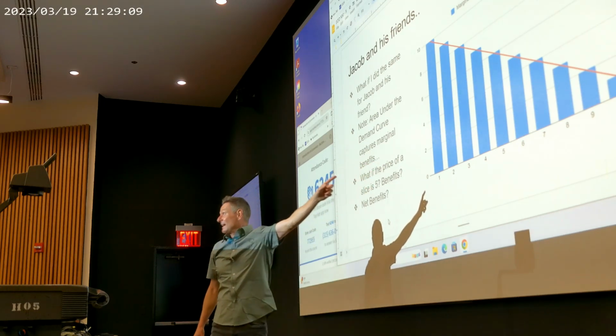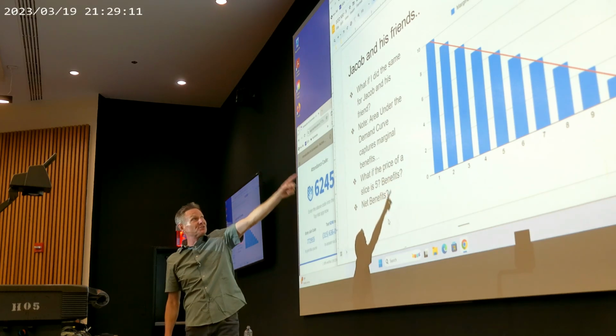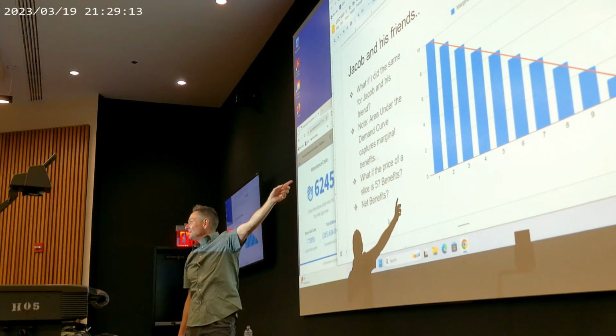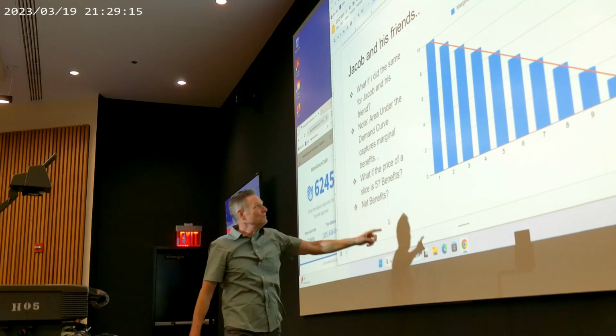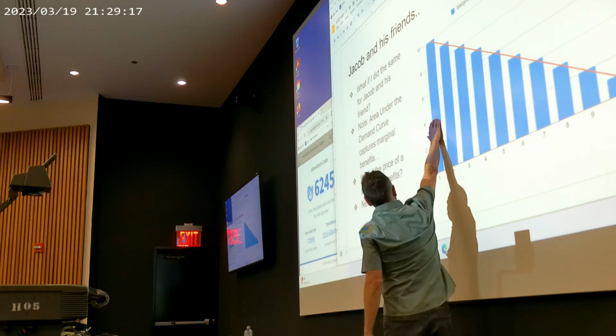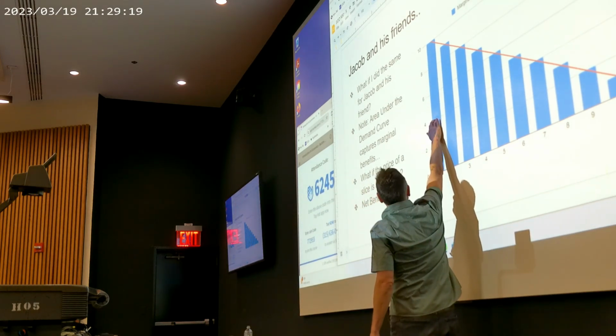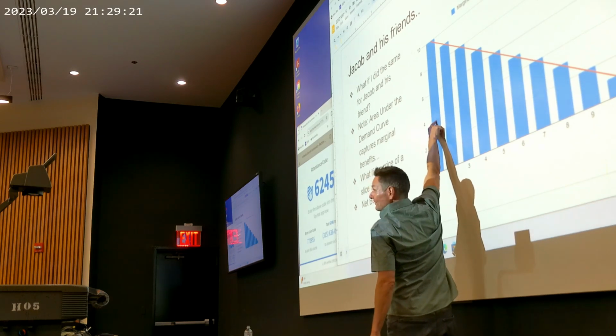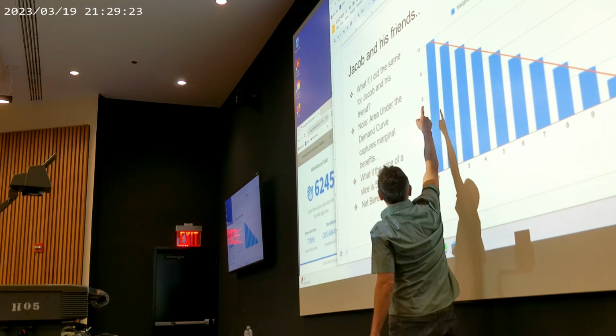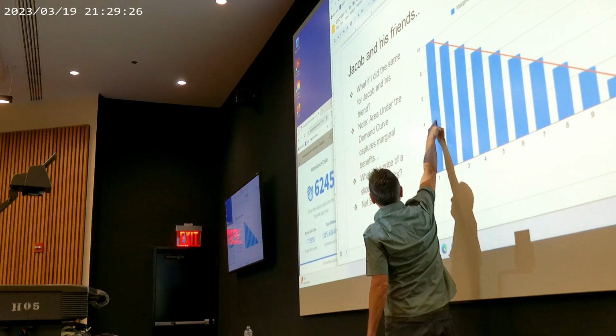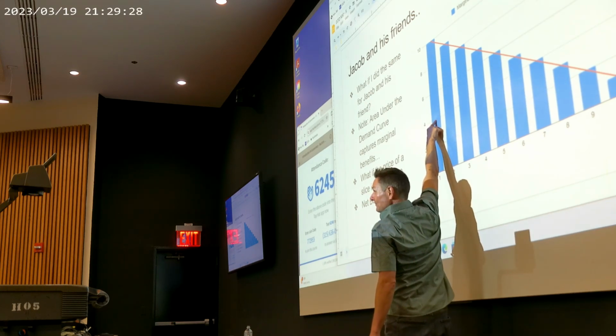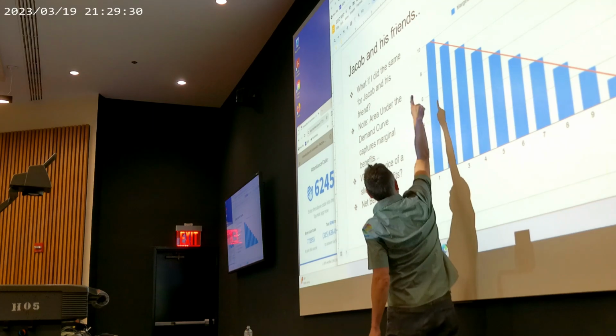Well, that doesn't change the fact that one of them values that first slice at 10, right? So what we can do then is think about the surplus created by that first slice. It's 10 minus 4, right? The utility or the benefits that you get out of it, minus the price you pay. 10 minus 4, so that would be this distance.